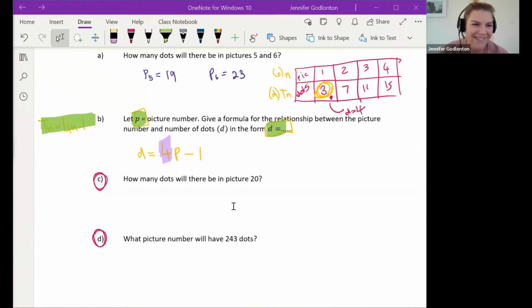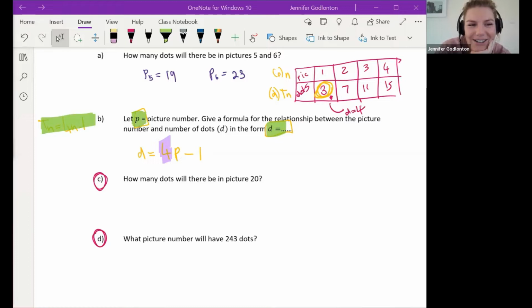Ma'am, yes. C is equal to 78. Okay. And D? I don't agree with your 78, but we're going to talk about why now. We're going to do it together now. C is 79.